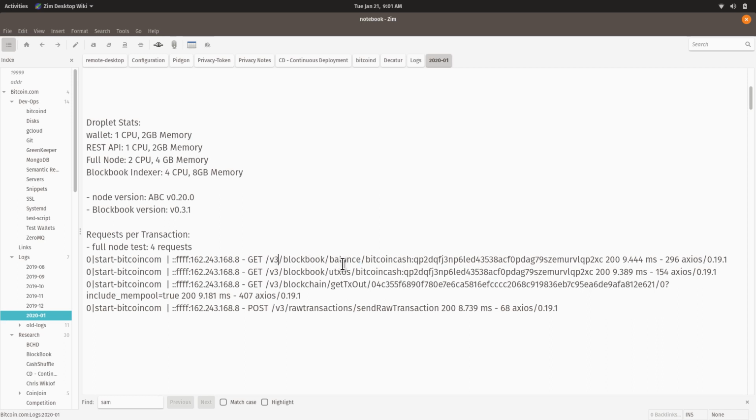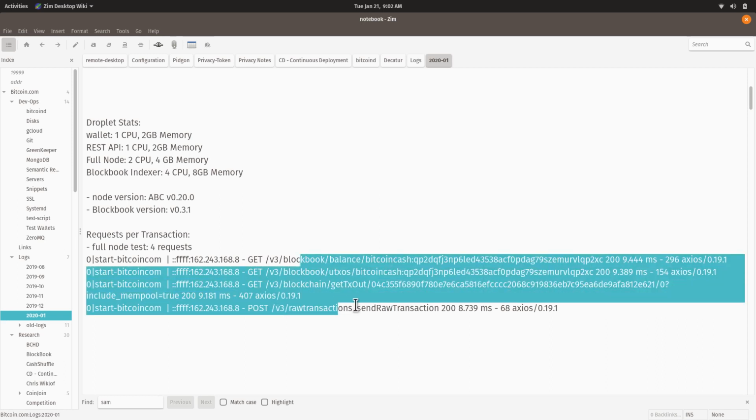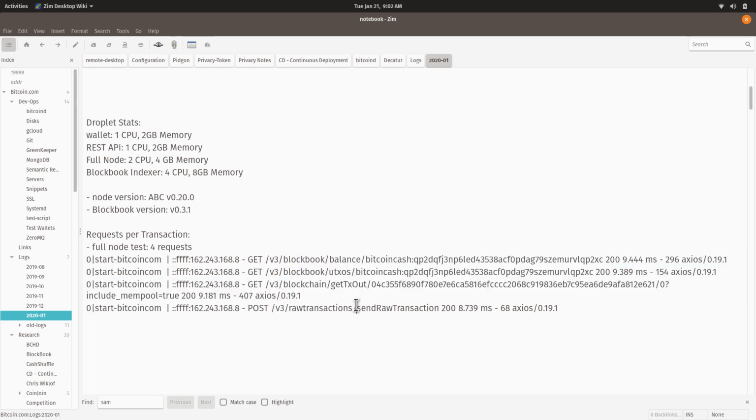So it checks the balance of the address, gets the UTXOs for that address, and validates the UTXO with the full node, because the UTXO data is coming from the indexer, and it's always important to validate a UTXO with a full node, since that's more of the source of truth, before you try to spend it. And then finally it'll broadcast the transaction. This chain of events is what it's going to be doing once per second.